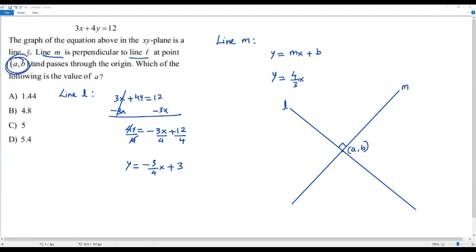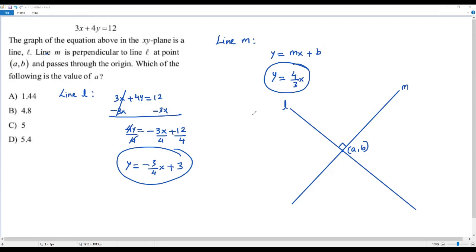So this (a, b) represents the point of intersection of the two lines L and M. At the point of intersection, I have to get the x-coordinate a. How do we get the x-coordinate at the point of intersection? For that, we have to solve the equations of the two lines.